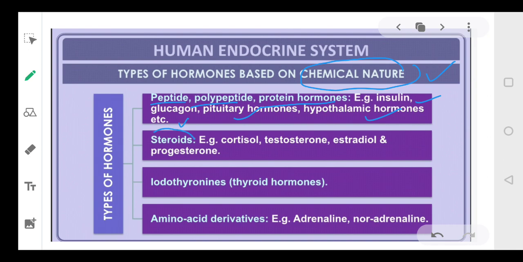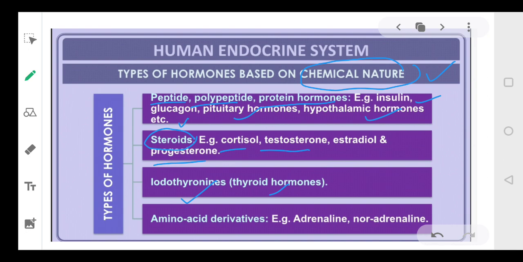Second is steroid hormones. Like for example, we can have cortisol, testosterone, progesterone. These all come under the category of steroids. Third is the category called iodothyronines. All the hormones which are produced from the thyroid gland are referred to as iodothyronines.